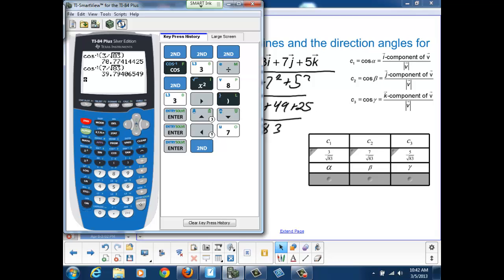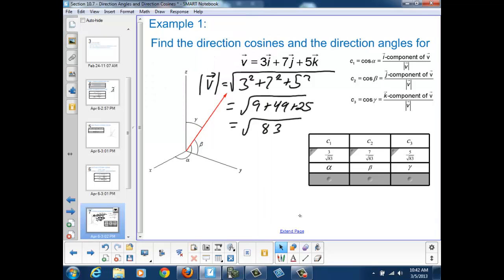Then let's take the inverse cosine of 5 over the square root of 83, and we get 56.714 degrees. So there's our 70.774, our 39.794, and our 56.714 degrees.